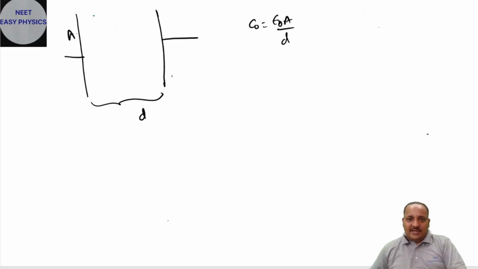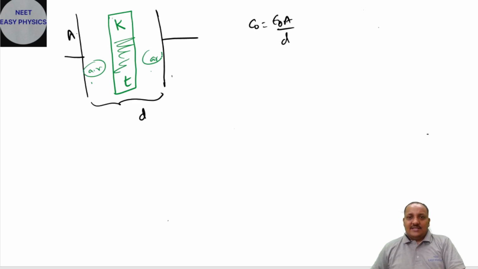Now I placed a dielectric of dielectric constant K, thickness small t. Now what is the capacitance when we are placing a partially filled dielectric? Except this dielectric, the remaining place is going to be air or vacuum. How much distance the air is going to occupy? Total distance minus t.